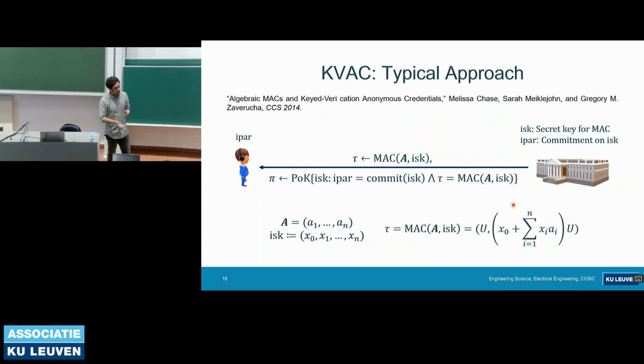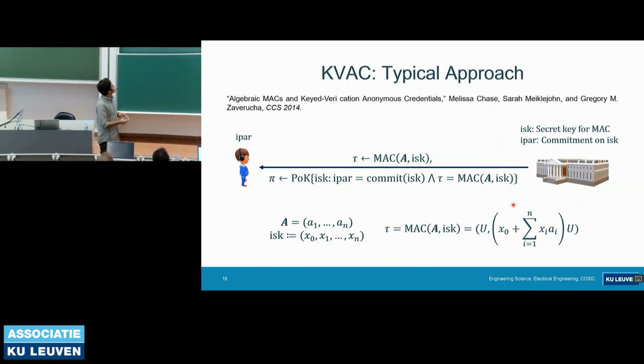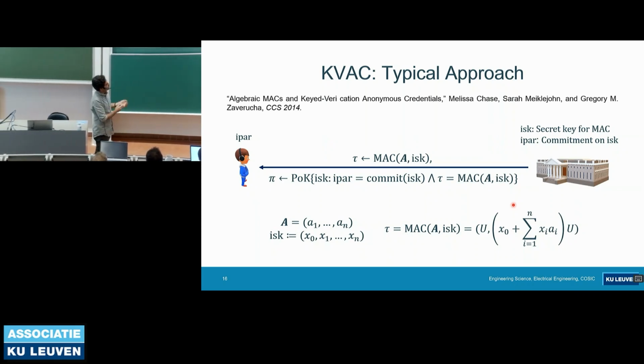But for that we need MACs which are zero-knowledge friendly, which we call algebraic MACs. An example of an algebraic MAC is MAC_GGM, which is something like this. For example, if the message is a set A, which is A1 till An, and the secret key is x0 till xn, the MAC on it would be two group elements.